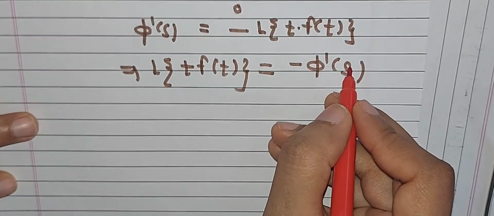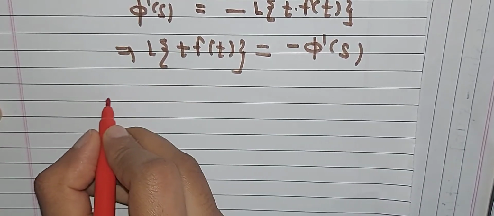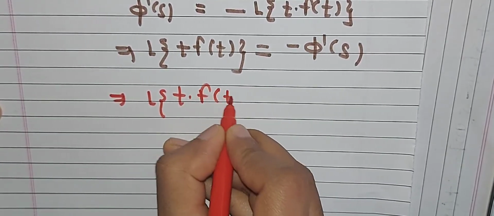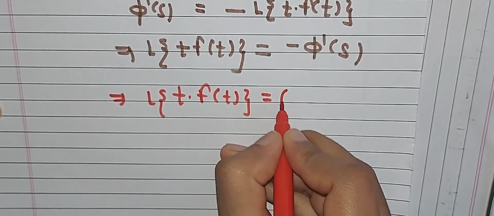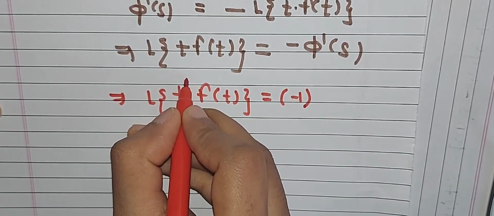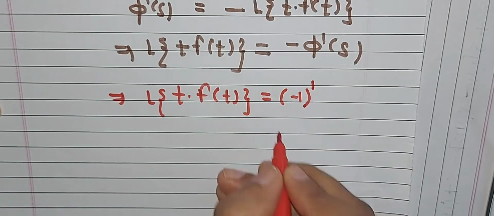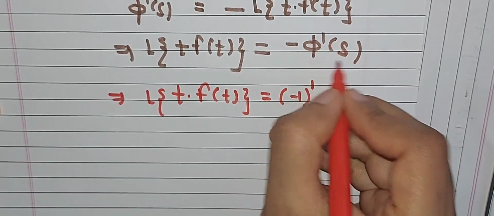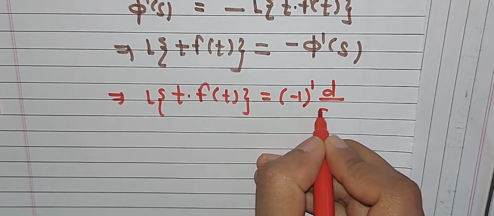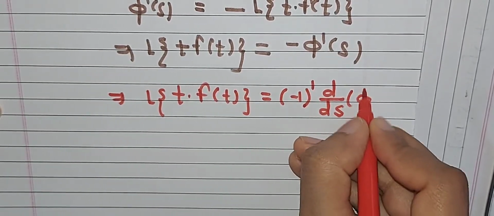This can also be written like this, that is Laplace of t into f of t is equal to minus 1, take it as it is. Here t has a power 1, therefore write here 1, and this phi of s has a derivative, therefore we can write it like this, that is d by ds of phi of s.